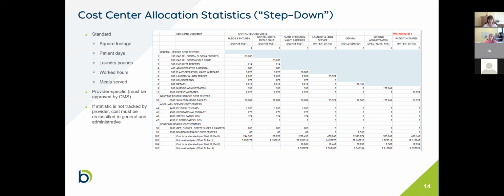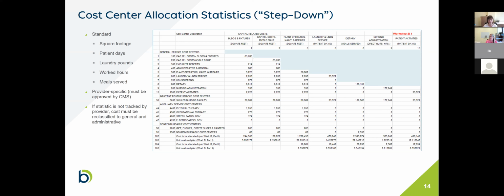They do all the supporting work of the skilled nursing facility and the DOM facility. Those costs are allocated down to your service centers and your non-reimbursable centers, those that don't provide or do provide services. And those costs are allocated or stepped down based on statistics.